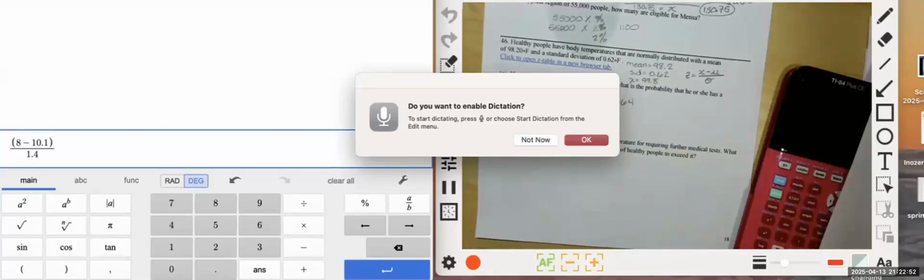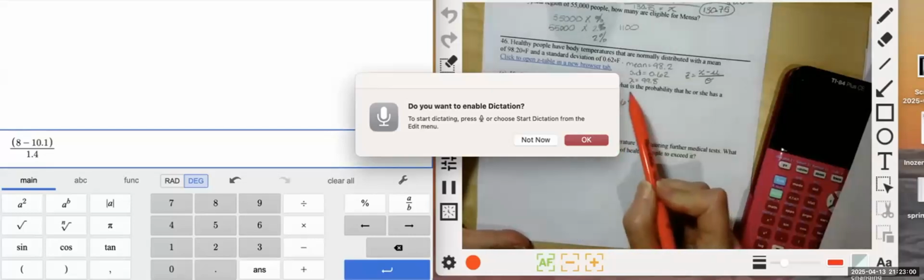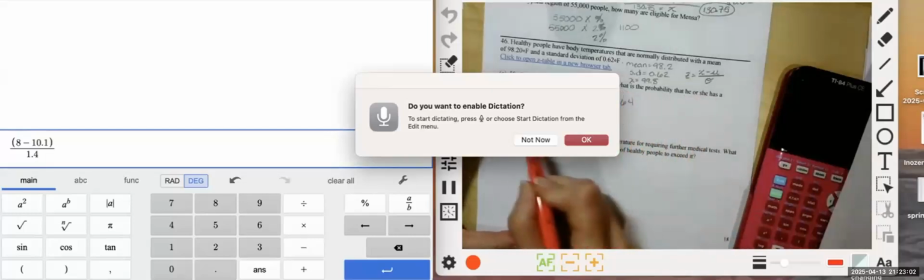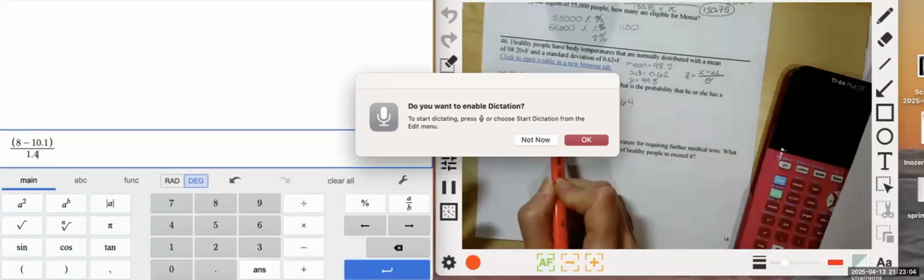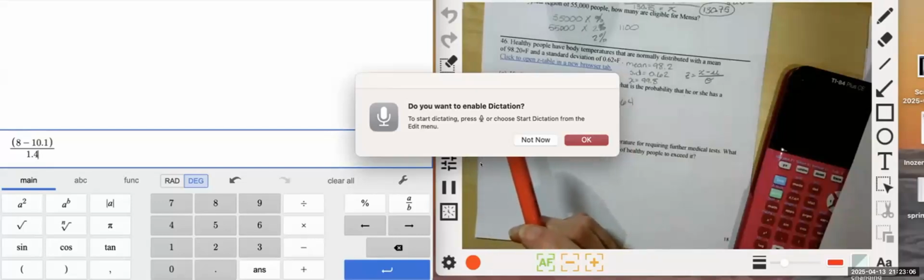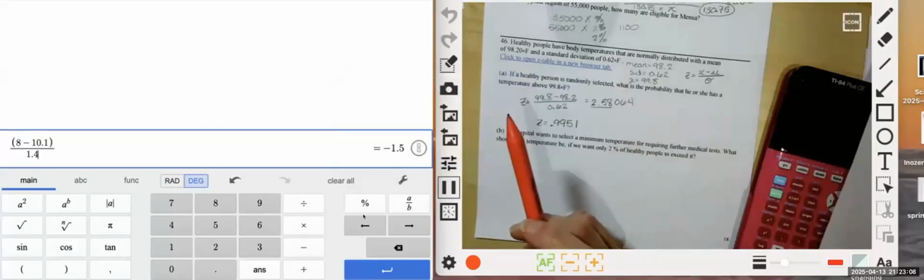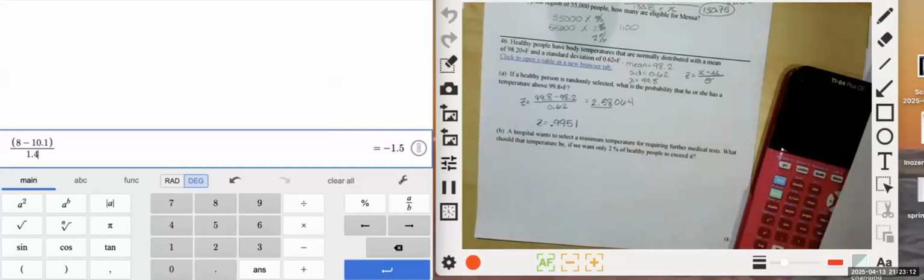So let's read the question. If a healthy person is randomly selected, what's the probability that he or she has a temperature above 99.8? Greater than, because it's asking greater than, we subtract from 1.